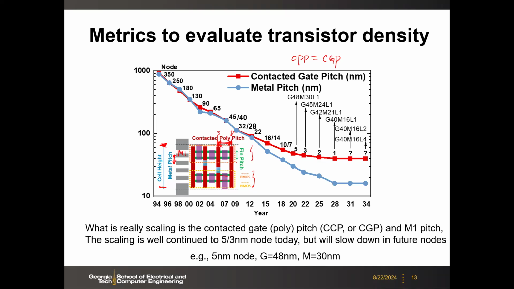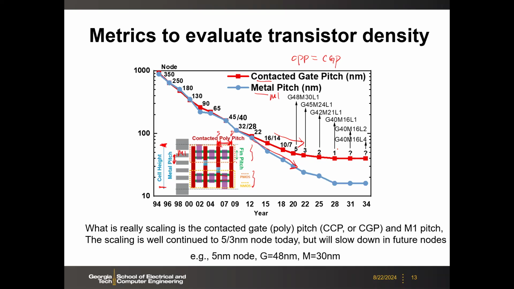But anyway, if you look at these indicators, the CGP and M1 pitch, they scale to today's 5 nanometer, especially the metal 1 pitch keeps scaling. The CGP slows down a little bit, but still they scale, at least to 5 nanometer or 3 nanometer today.